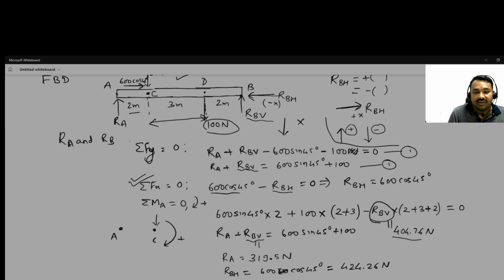Okay, so in this way we have found out the reactions RA and RBH and RBV. So it is very simple.